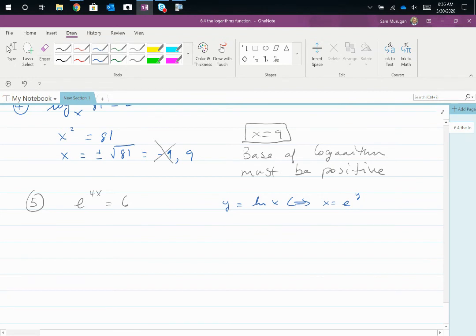So what this is saying is that 4x must equal the logarithm of 6.